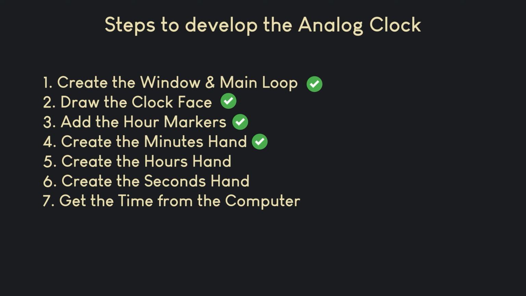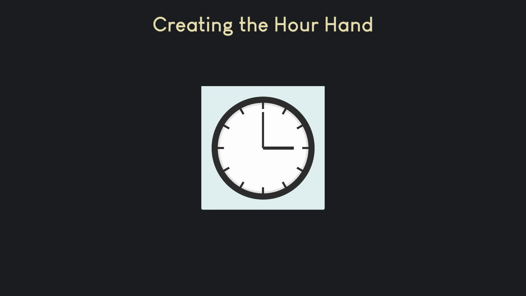Next, let's move on to adding the hour hand, which follows a similar logic but requires a slightly different rotation calculation. The hour hand will be represented by a rectangle that is shorter and thicker than the minute hand, making it visually distinct. This rectangle will extend from the center of the clock and point to the appropriate hour mark on the clock face.